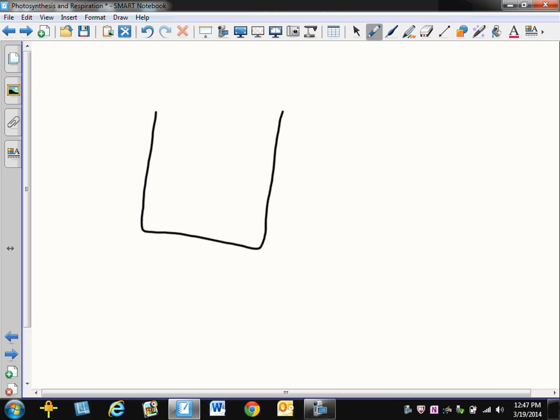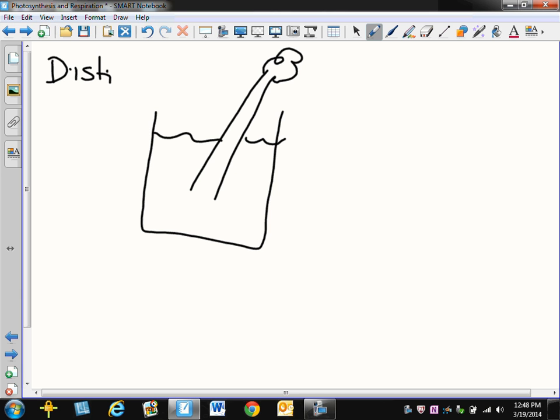So, we have another deal here. We have our celery. Okay, we want water to go in. If we use distilled water, it is 100% water. It has no salt. It has no potassium.